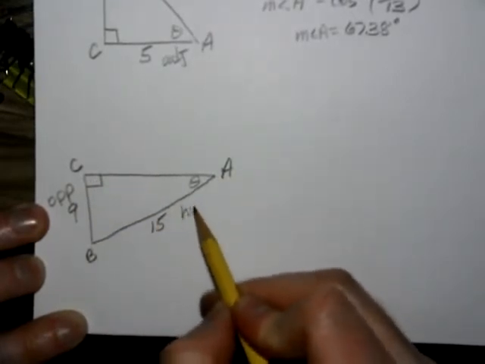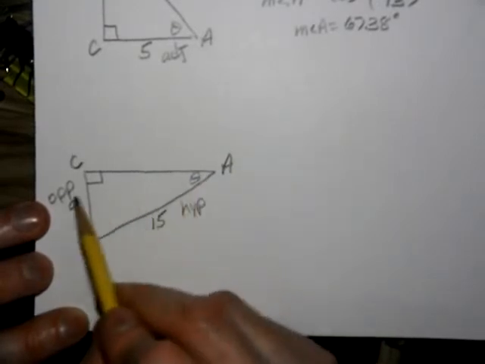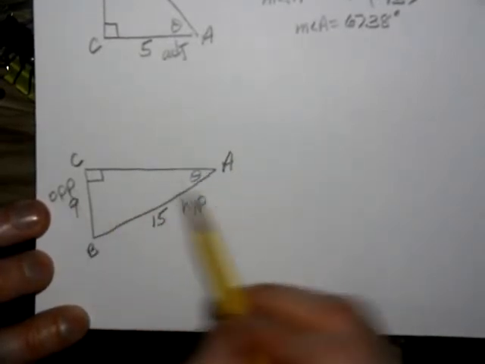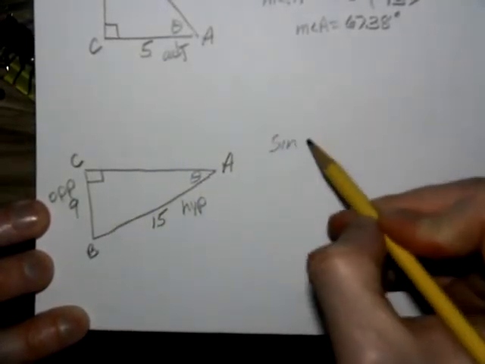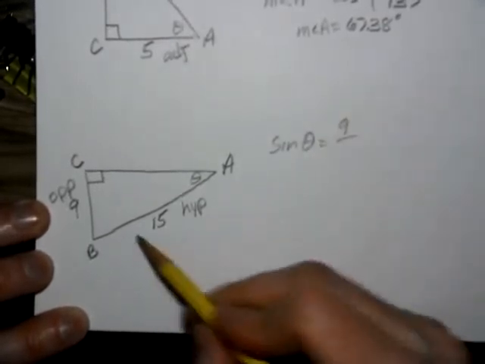Across from the 90 is the hypotenuse. So SOHCAHTOA reminds us that we're looking at the opposite and the hypotenuse, which would be sine. So sine of our theta equals the opposite over the hypotenuse.